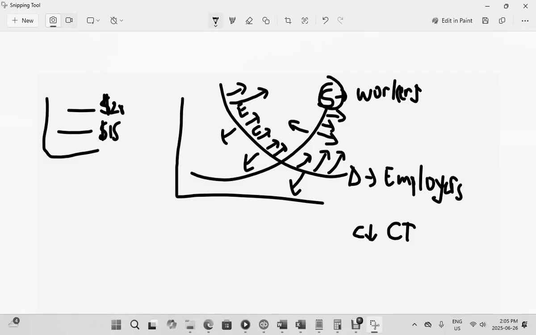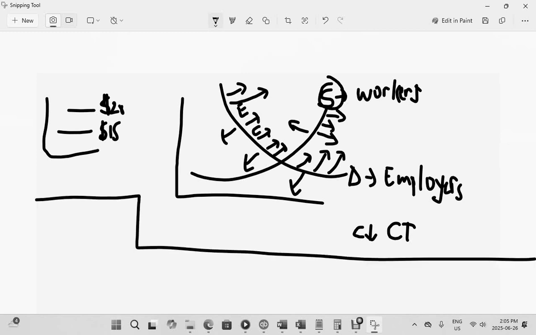We mentioned some of them. Now, when it comes to all these factors, we also have labor unions, and this is what we're going to talk about in this video. Labor unions deal with all these factors.